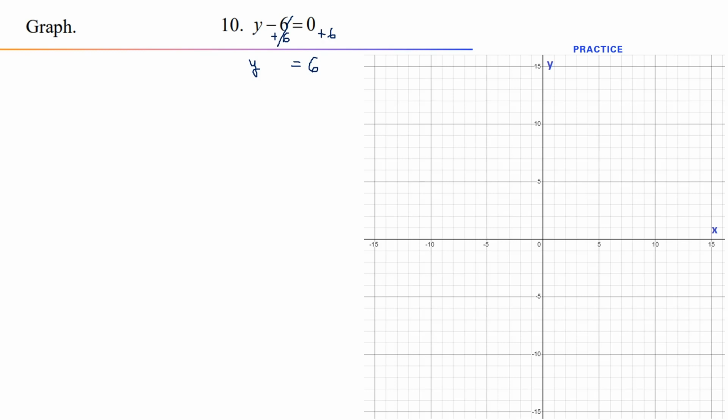So for example, if x equals 0, we have the point y equals 6, 0 comma 6. Then if x equals 1, we still have 6. X equals 5, still 6. So we know that we will have the horizontal line. That will be drawing a horizontal line. Here it represents the y equals 6 line.